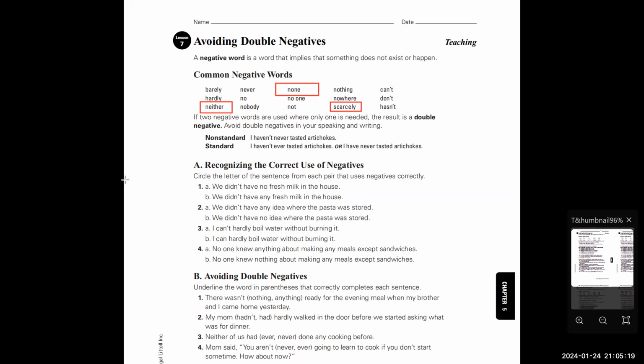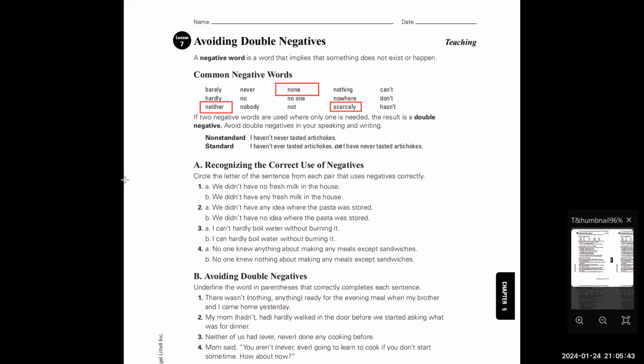Avoid double negatives in your speaking and writing. That's right. Non-standard. Please read the example. Standard: I have never tasted artichokes. The non-standard is not the right one. Standard is the correct one. Please read the standard.